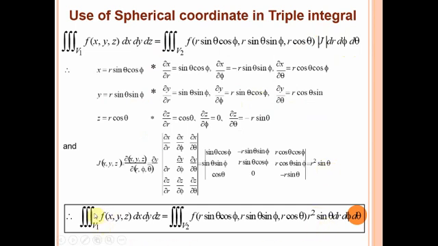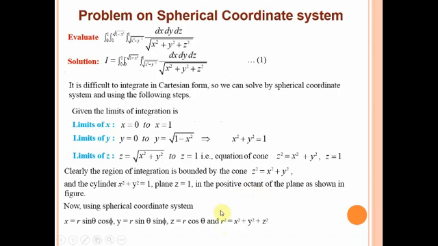So we get the resultant spherical triple integration: the function in r sin theta cos phi, r sin theta sin phi, r cos theta, and then r square sin theta dr d theta d phi. This will be the total function.